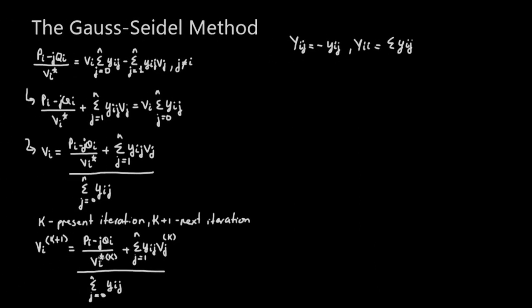So now I want to rewrite this equation in terms of the terms in the bus admittance matrix, in other words, the capital Y's. So I'm going to get the following.